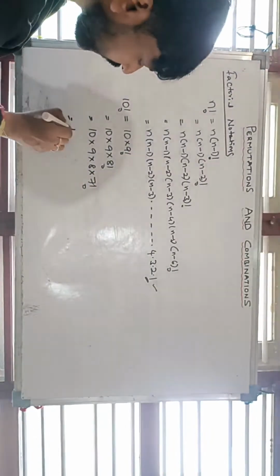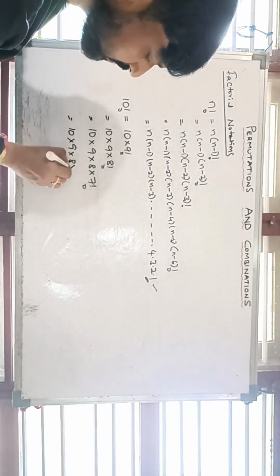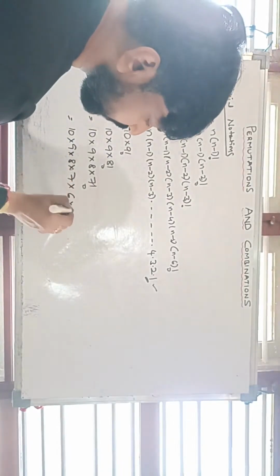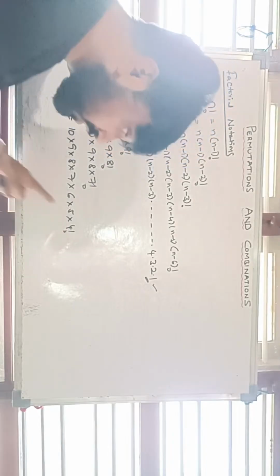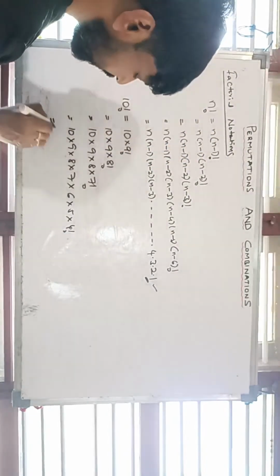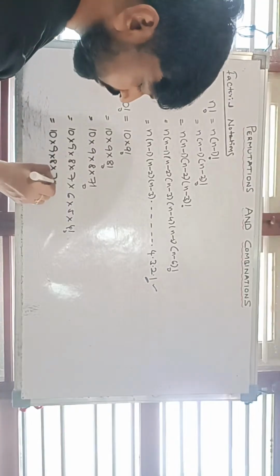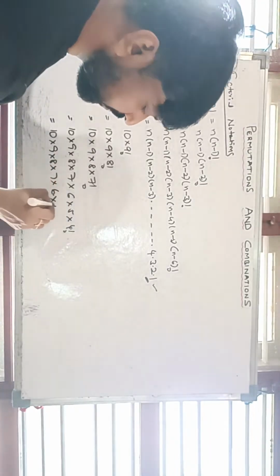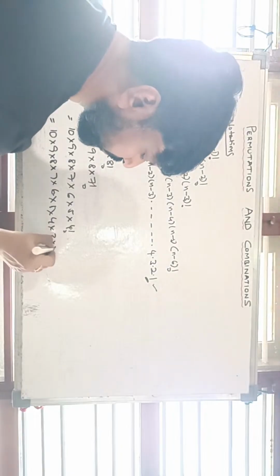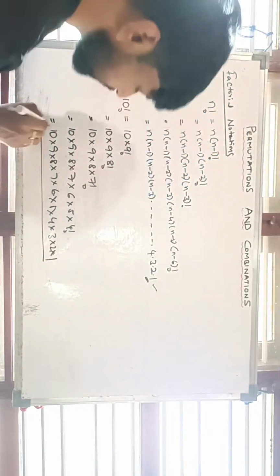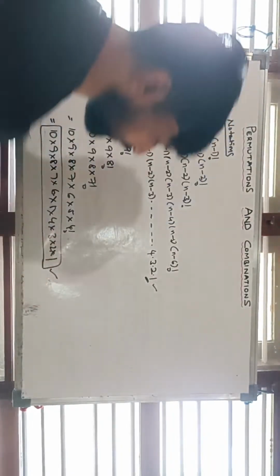If I want, I can write 10 into 9 into 8 into 7 into 6 into 5 into 4 factorial and stop there. Otherwise it goes on until 10 into 9 into 8 into 7 into 6 into 5 into 4 into 3 into 2 into 1. The calculation can be written like this.